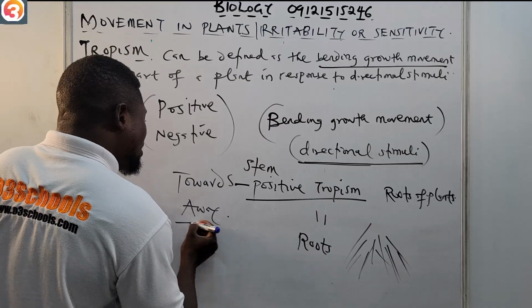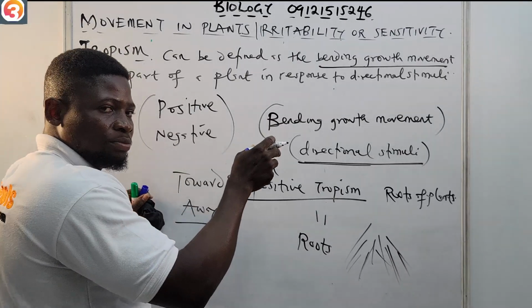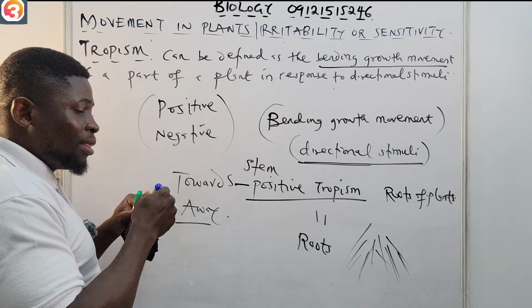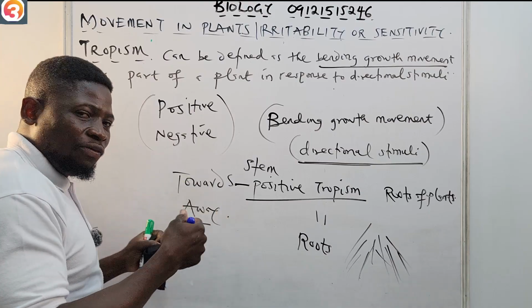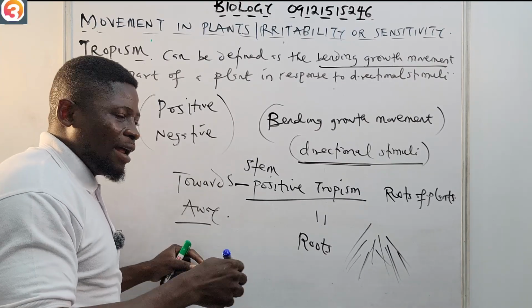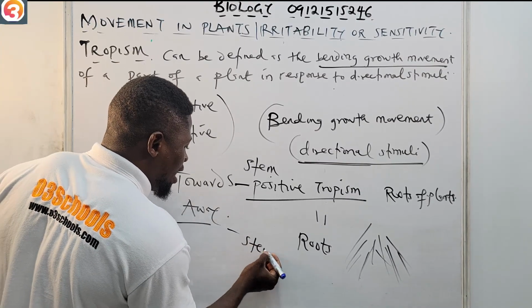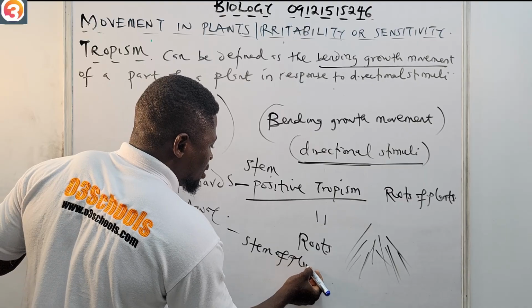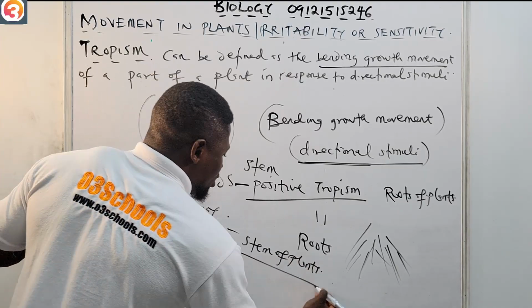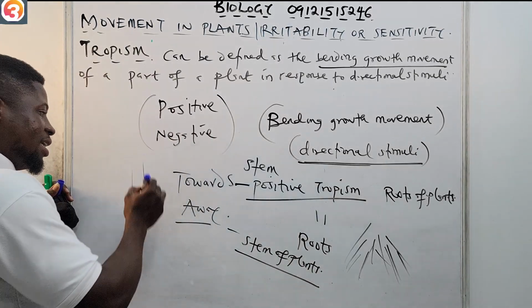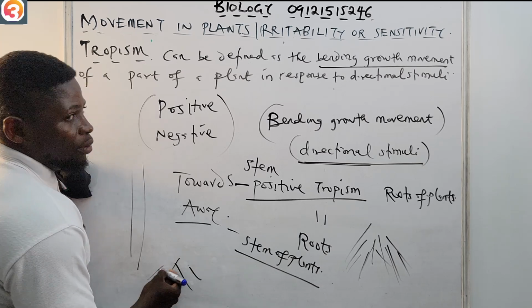If the bending movement is going away from the direction of the stimuli, like the stem of plants, in this case you see them going upwards, instead of downward like roots.